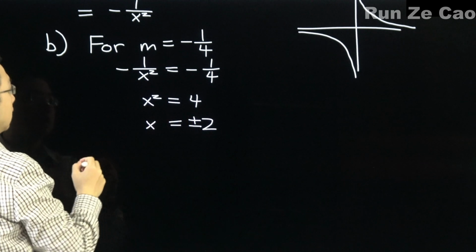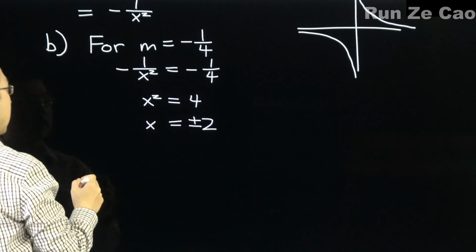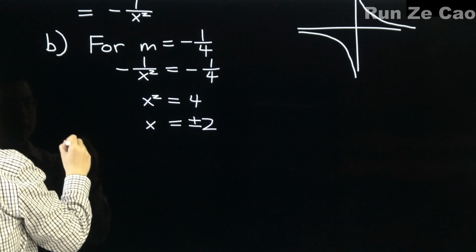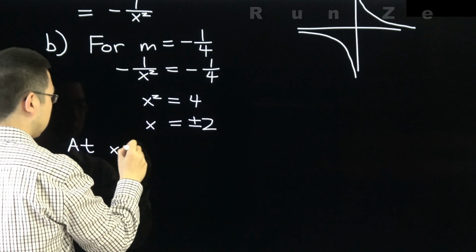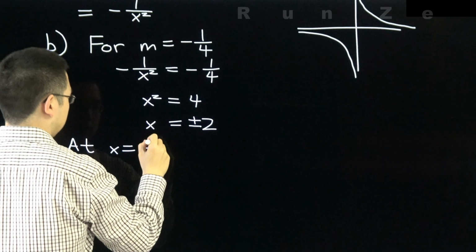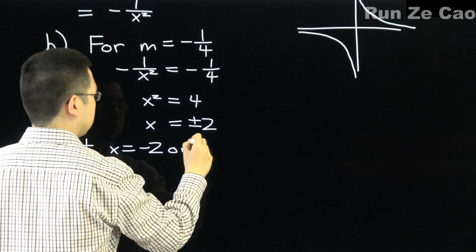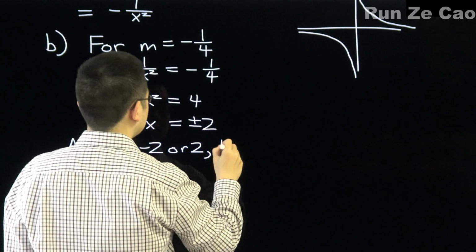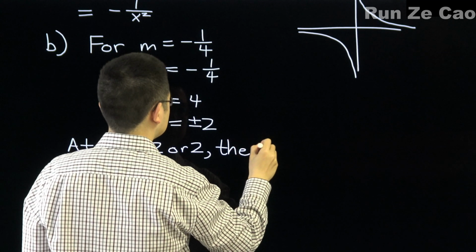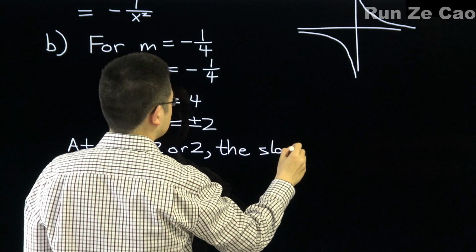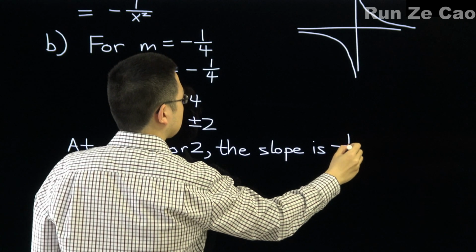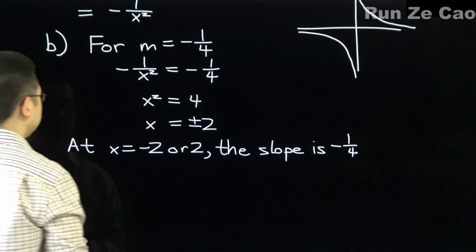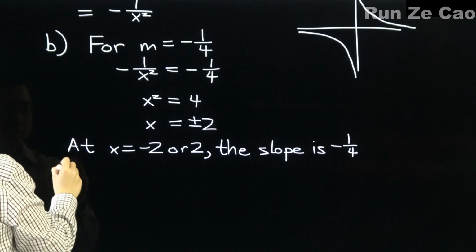So here, well, we'd probably state that if we decided to write a statement, at x equals negative 2 or 2, the slope is negative 1/4. Okay, so C.